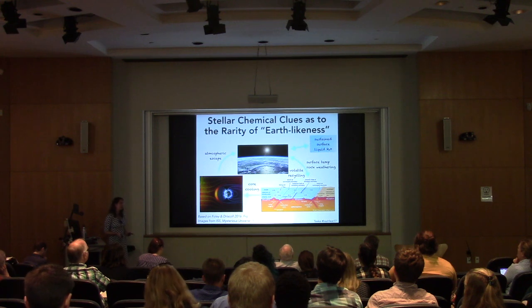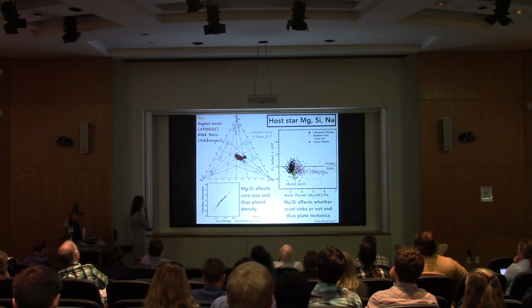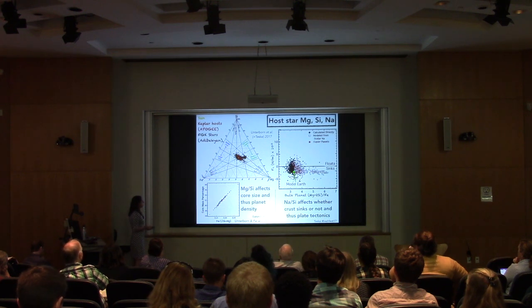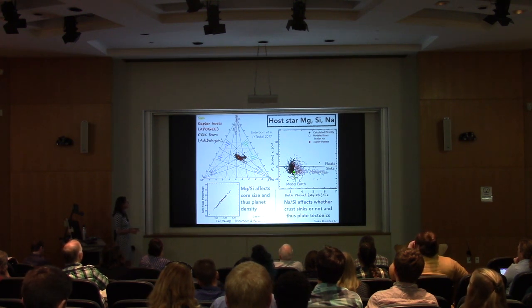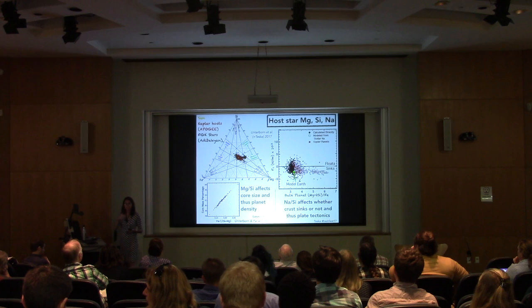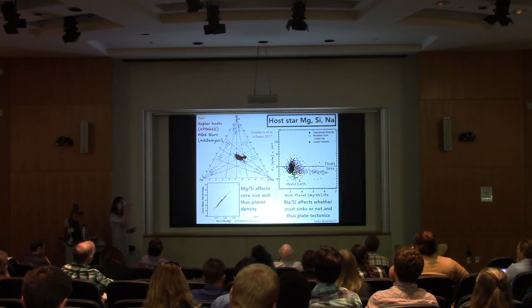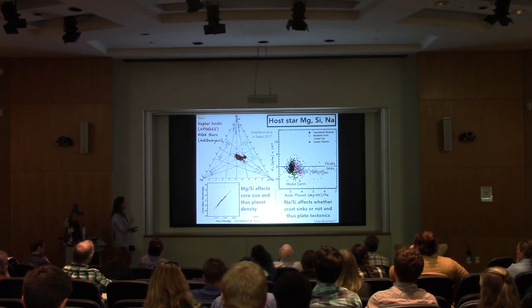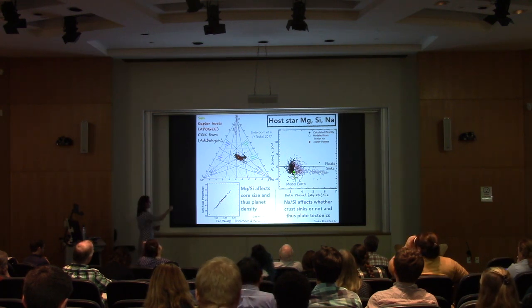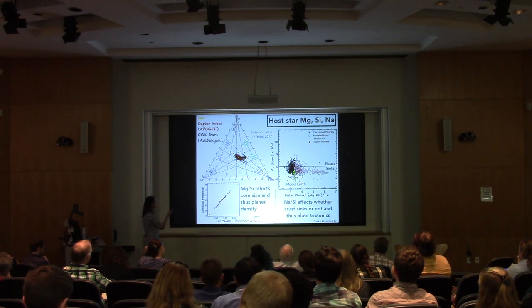I'm starting to tackle this question with several people, including Cayman Unterborn, who I mentioned. We have a few papers out or are working on. One is looking at how likely it is for a planet to have plate tectonics by seeing whether it would have a composition of plates that would float or sink. On the right plot, we're looking at this as a function of the bulk planet composition, the magnesium, silicon and iron abundances.